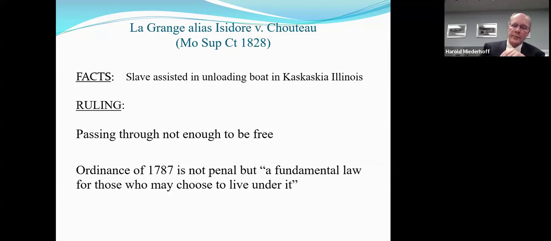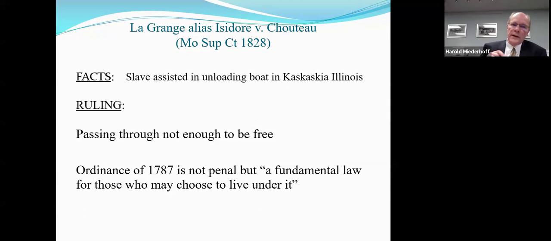So apparently the slave actually probably stepped on the shoreline. So when they came back to Missouri, the slave sued, saying, I stood on free territory. Illinois was free territory. But he lost the lawsuit. The slave lost the lawsuit because the court at that time ruled that you were just merely passing through. You weren't staying long enough to be considered having the benefit of freedom.